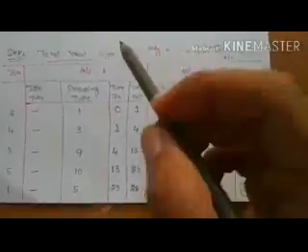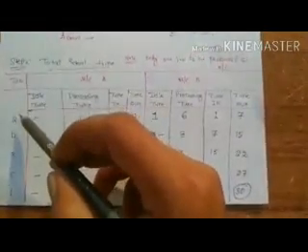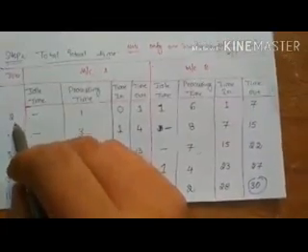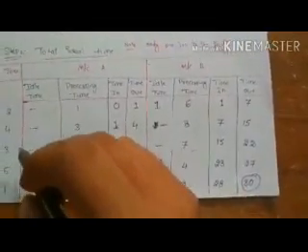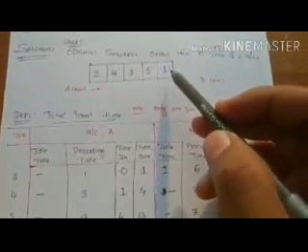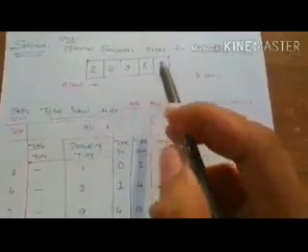Then here the job is nothing but the sequence of order that we have. The job is nothing but the job order that we achieved in step 1, that is 2, 4, 3, 5, 1.